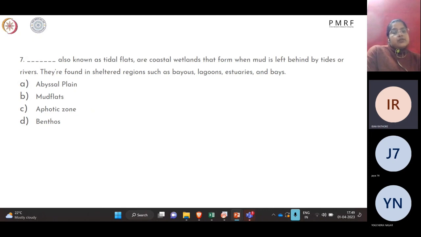So these are the different types of coastal areas, and the correct answer is B, that is mud flats. So we also look at mud flats as these areas where mud is left behind by tides or rivers in the coastal shoreline. So they are known as mud flats. Okay, so B was the correct answer.